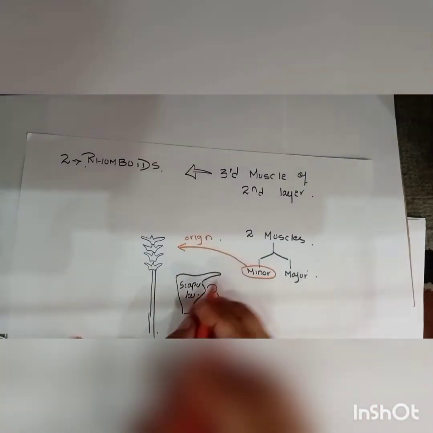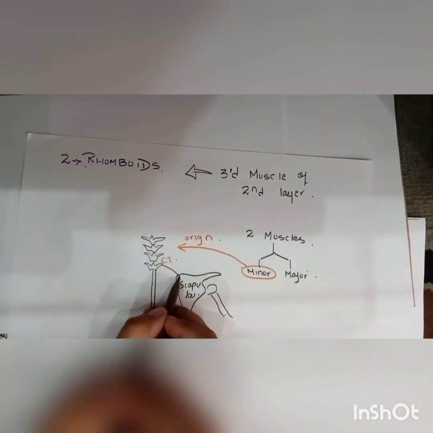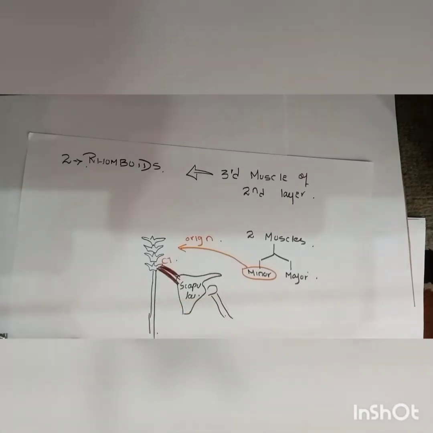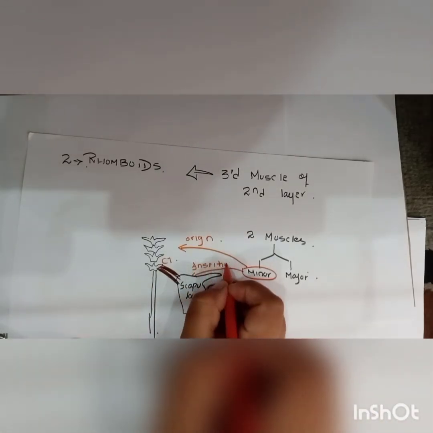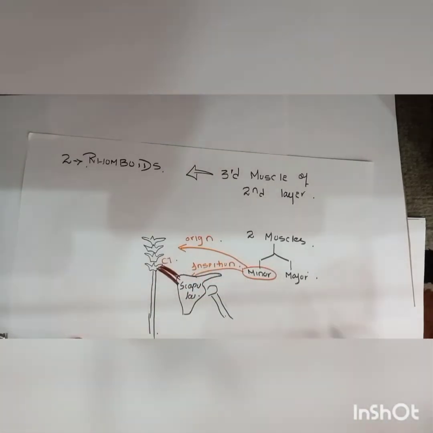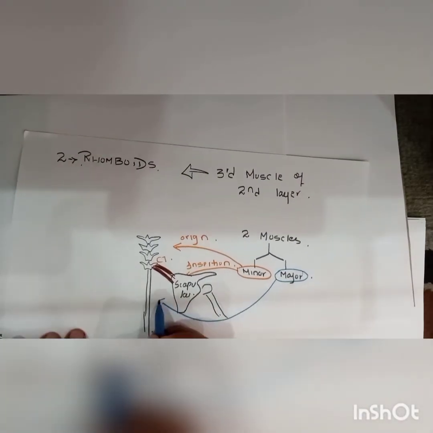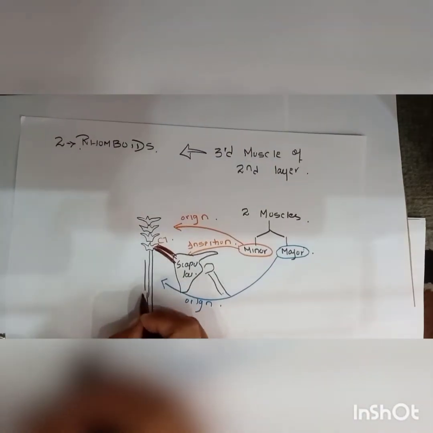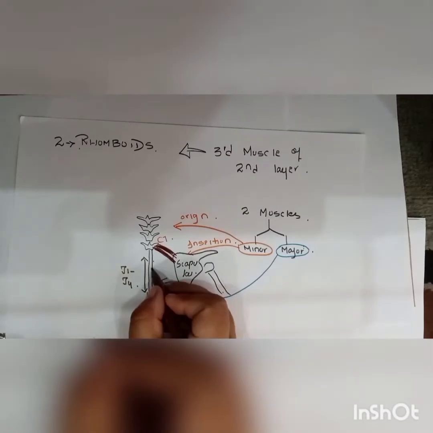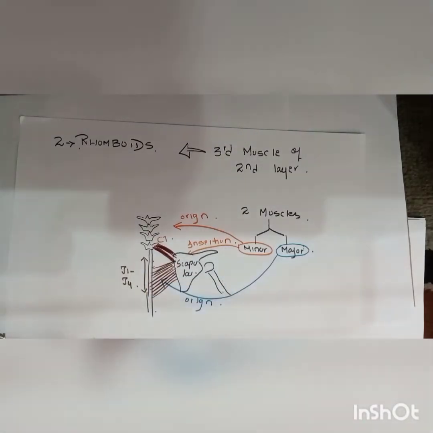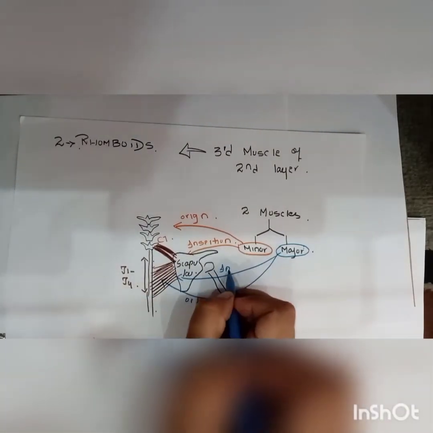First I will tell the origin of the minor, which starts from C7 and inserts into the upper border of the scapula. The second one is the rhomboid major, which arises from T1 to T4 and inserts into the medial border of the scapula.